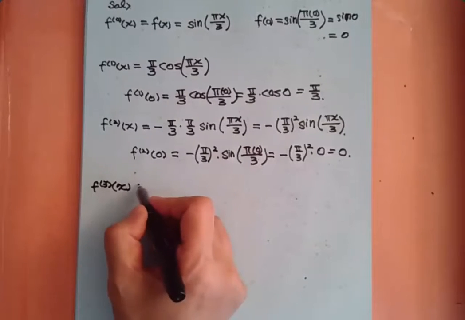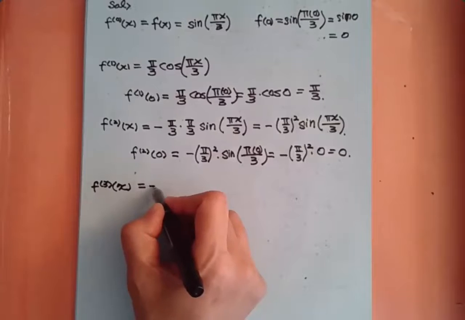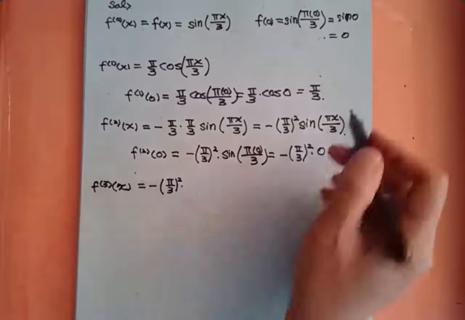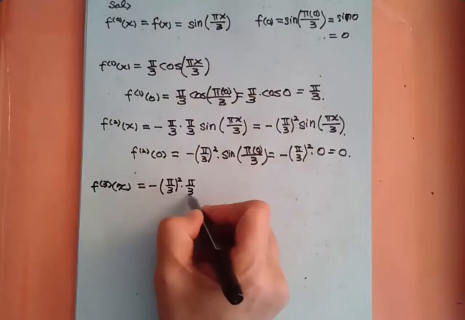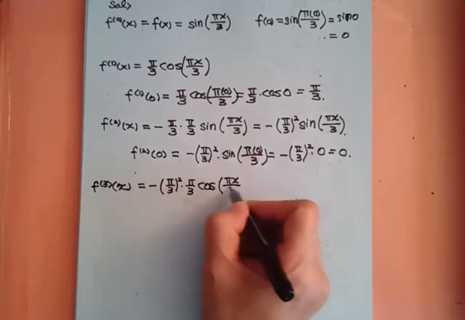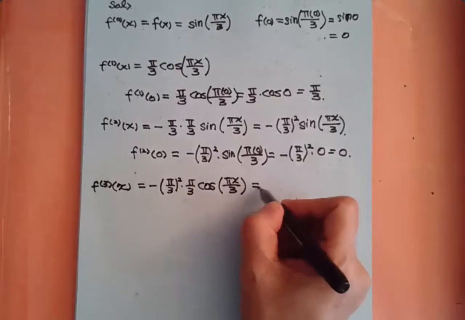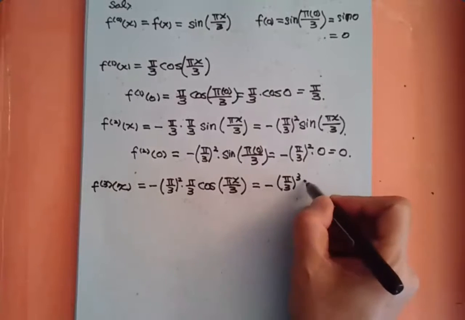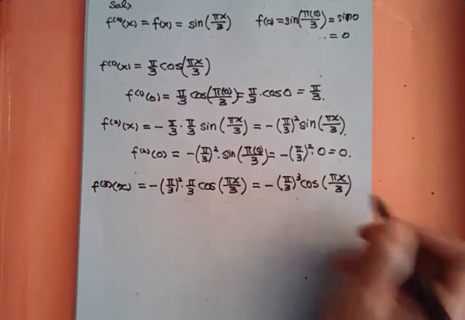The third derivative of f is minus pi over 3 squared times this one is pi over 3 cosine of pi x over 3. So that is minus pi over 3 cubed cosine of pi x over 3.